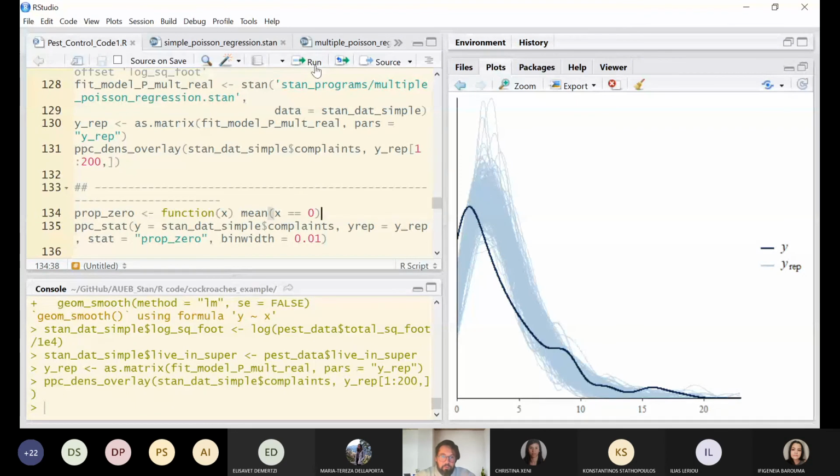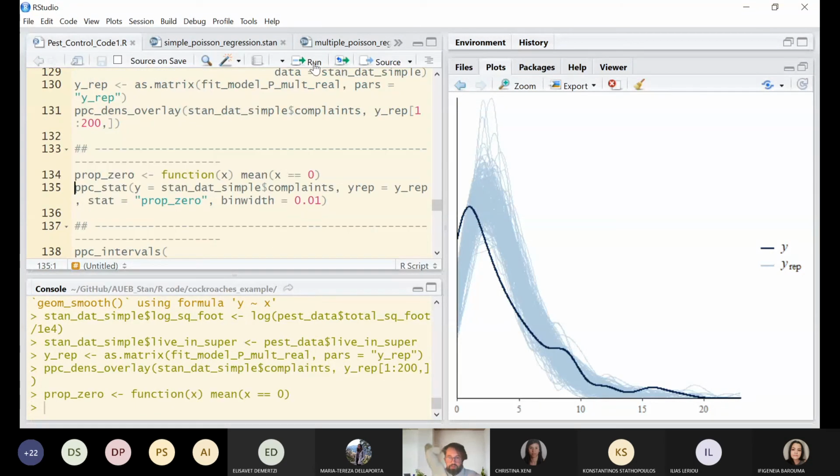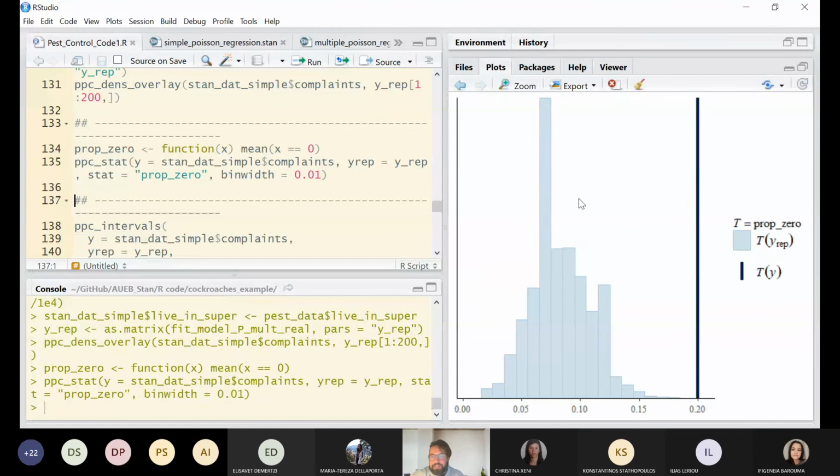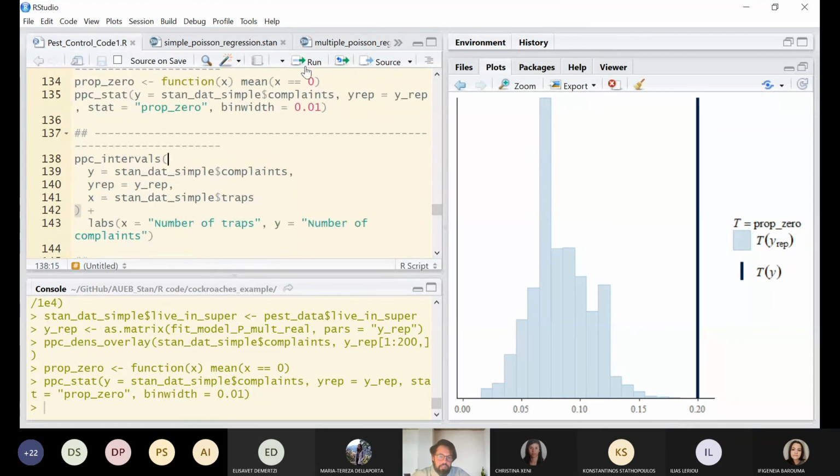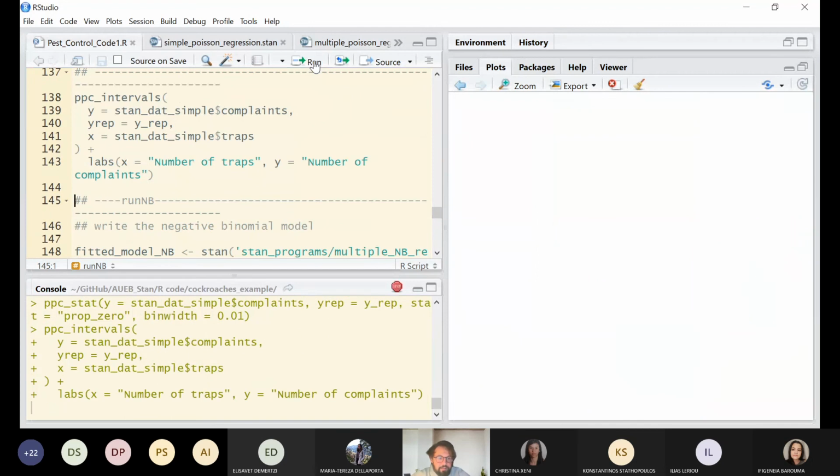Let's see what happens with the proportion of 0 statistic computed over the S replications. And we realize that, okay, maybe the histogram is closer to the observed value for the statistic, but still it's not satisfactory. Let's see what happens for the posterior predictive intervals.